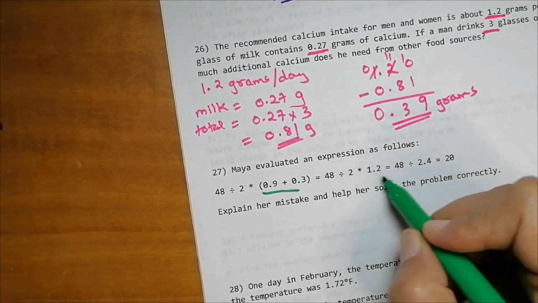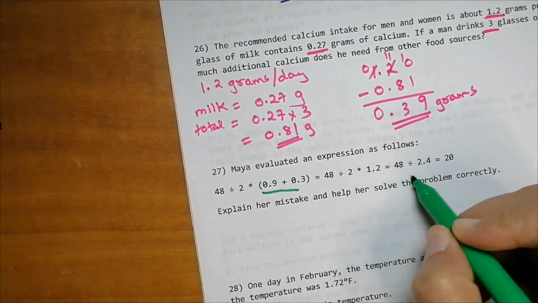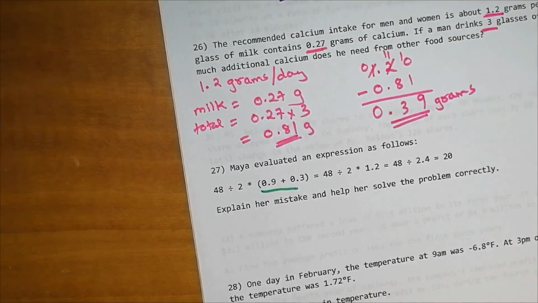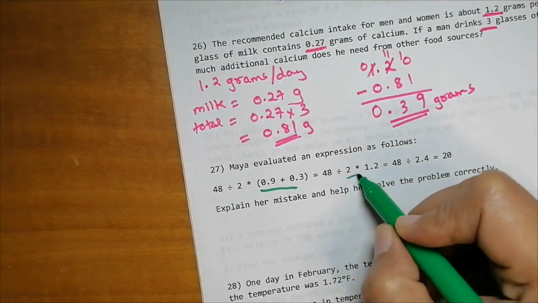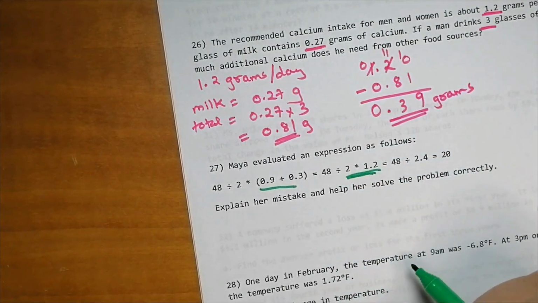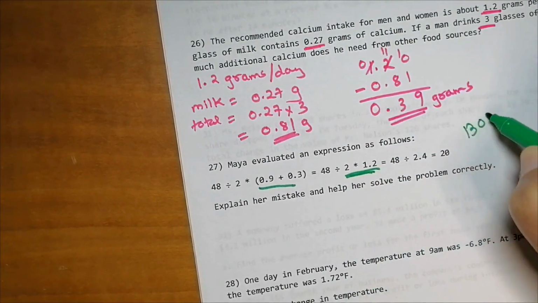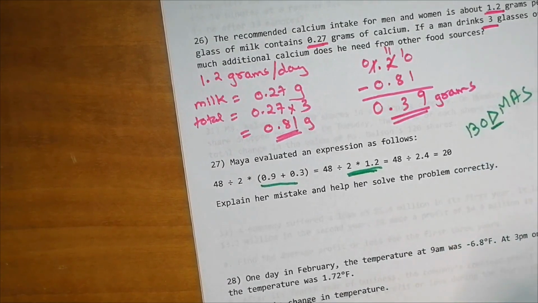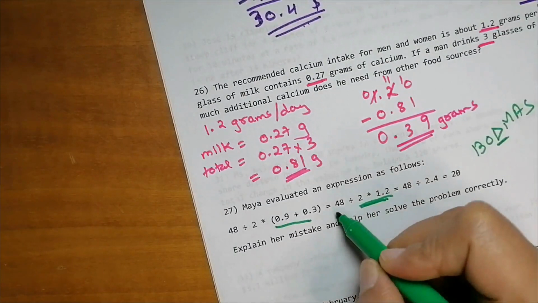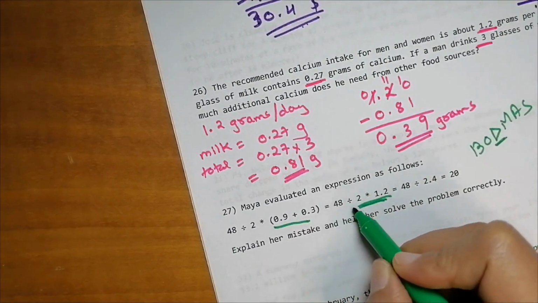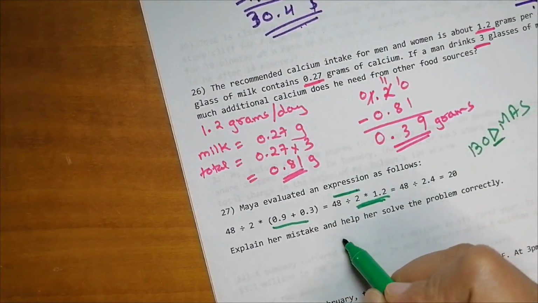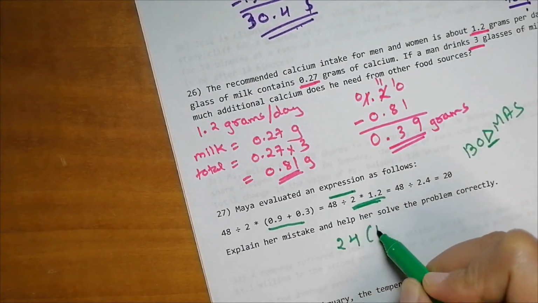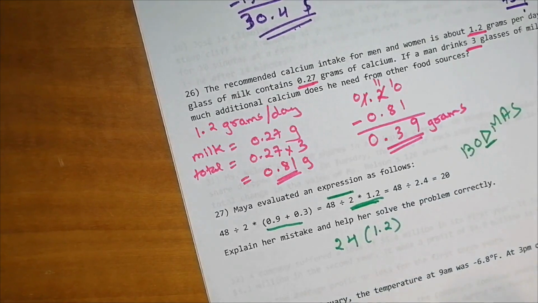From here to here, this transition, what do you think is going wrong? What did she do first? She multiplied first. Whereas, what are we supposed to do first? Division. So here she should have divided first. This should have been 48 divided by 2, which gives 24, and then times 1.2.